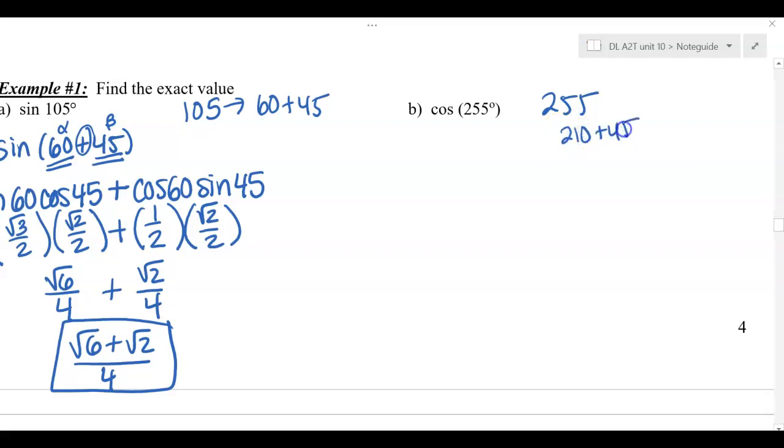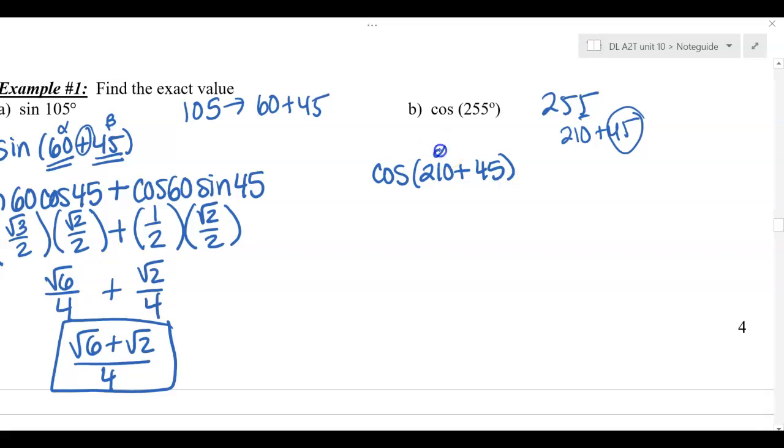I could think about it like that. Okay, can't do 240 and 15. I think that's it. I'm definitely going to need a 45 because those are the only ones I have that are special. So I'm going to go with 210 and 45. I'm sure you can find another way if you wanted to. So I'm going to think of 255 as split up being 210 plus 45.